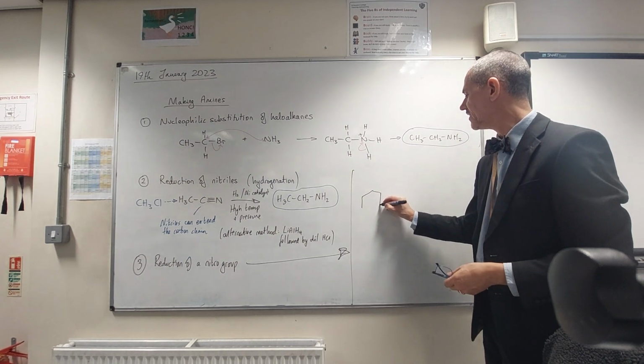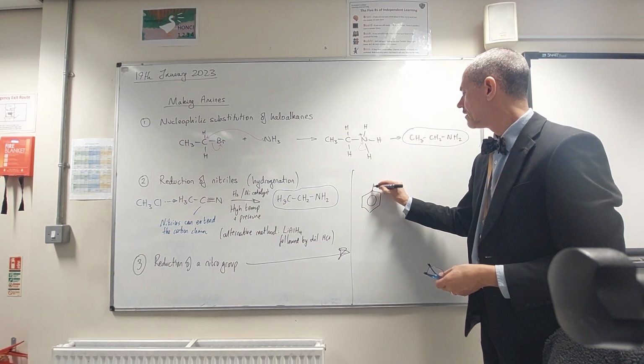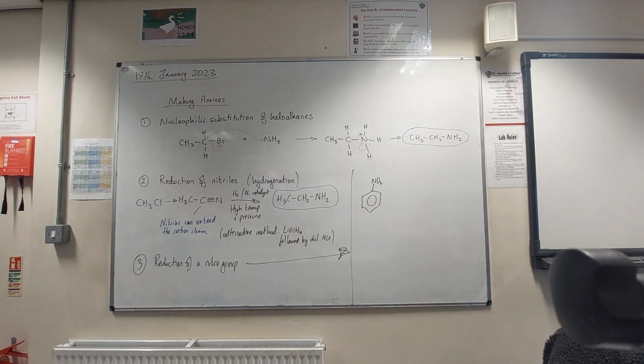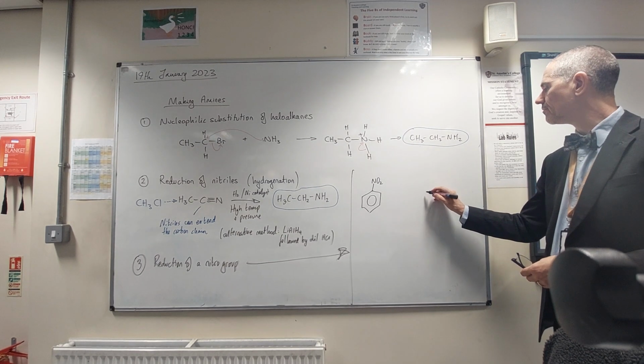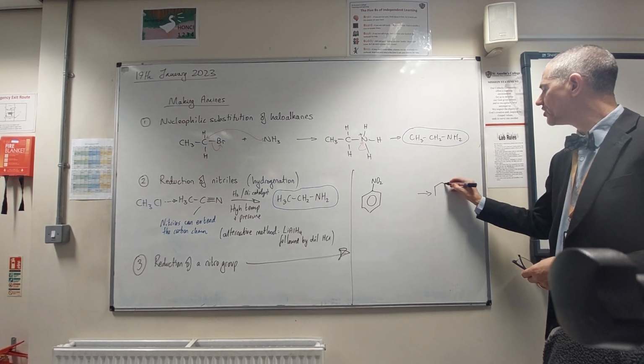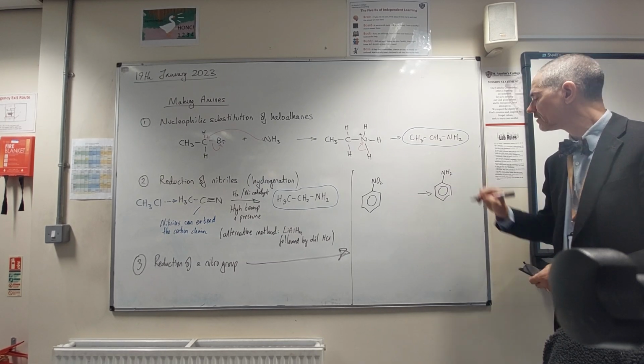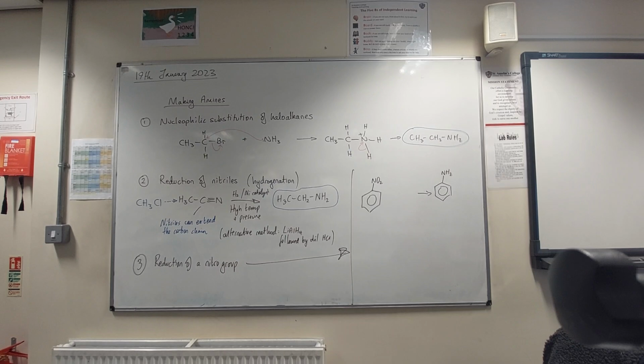Nitro group is, we learned about it recently, the NO2 group that sits comfortably on benzene rings. And we can reduce that or hydrogenate that to make NH2.